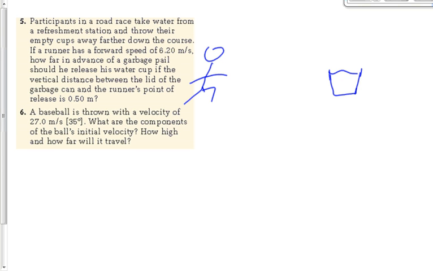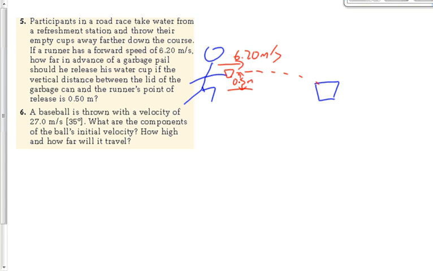He's moving, and the little water cup is moving at 6.20 meters per second horizontally. Now, we want that water cup to land in the pail. The lid of the garbage can, it says, is 0.5 meters below the cup.